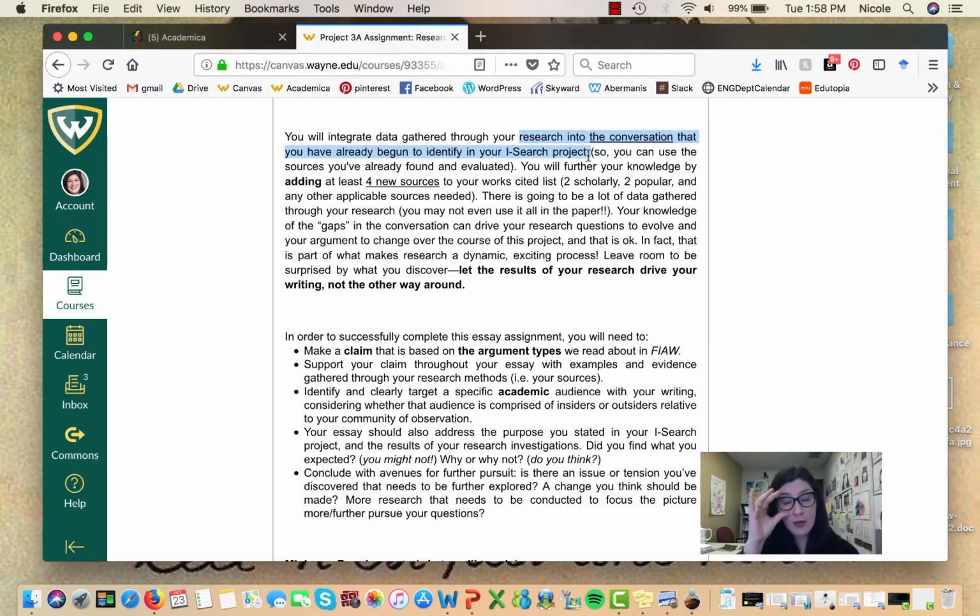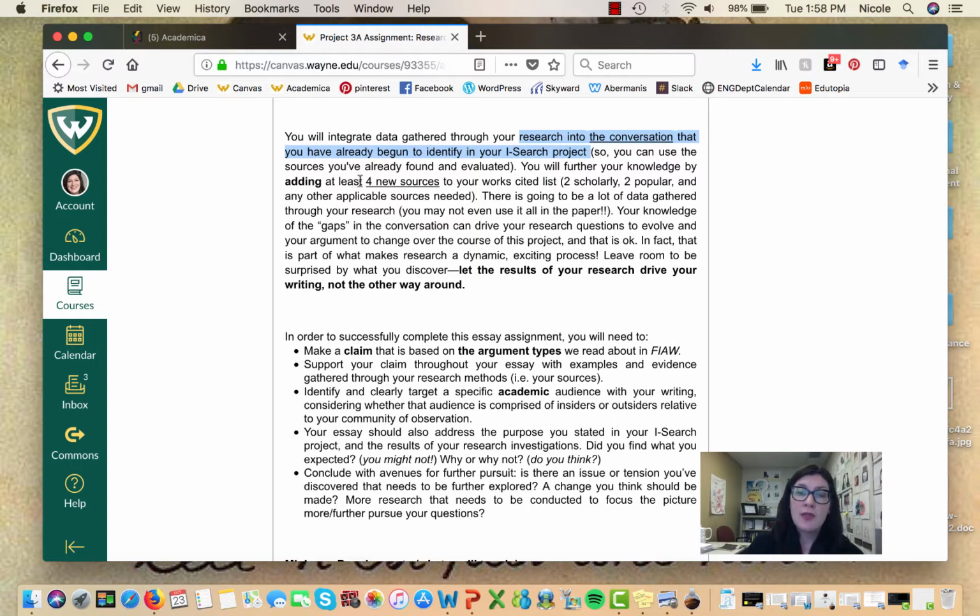So that's one of the other things we're going to be working on this week, translating your question. For example, why do museums need to be funded? Into a claim. For example, museums need to be funded because they provide tangible benefits to the community, XYZ.